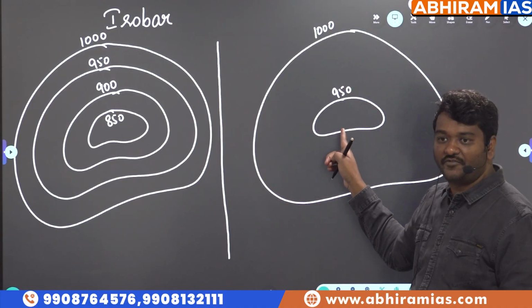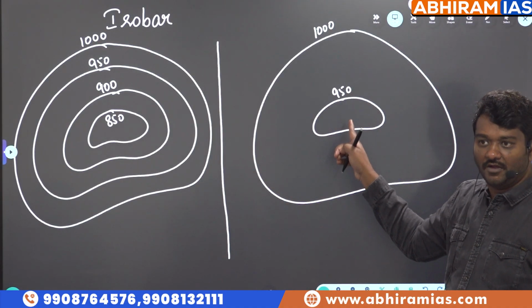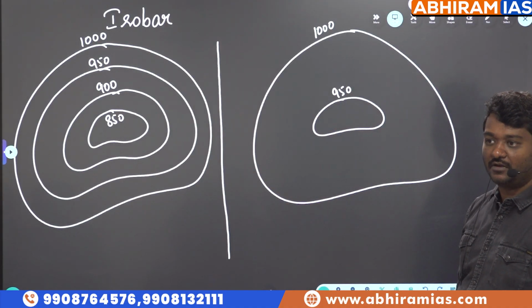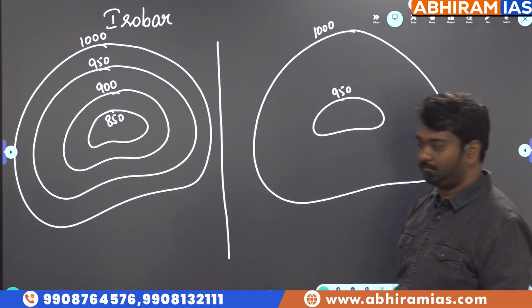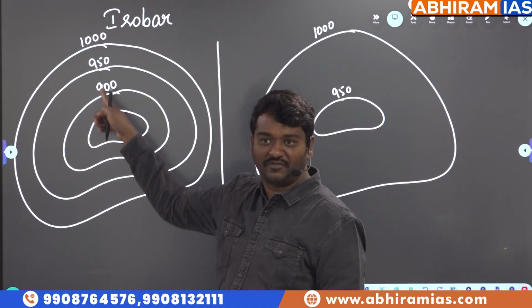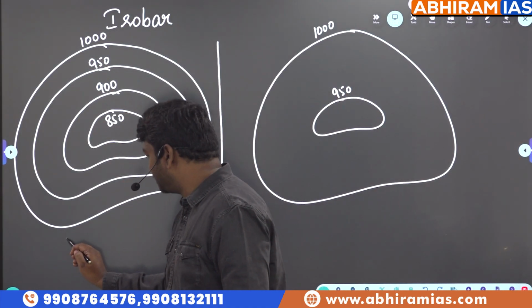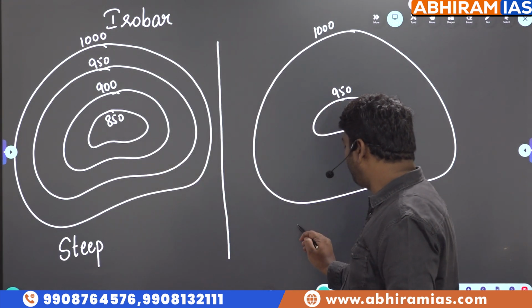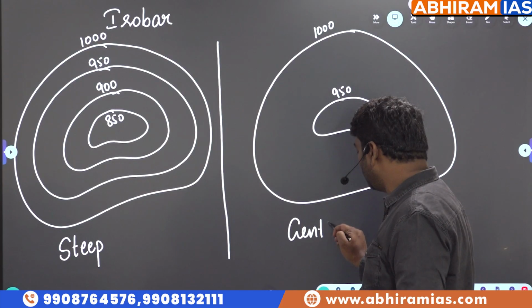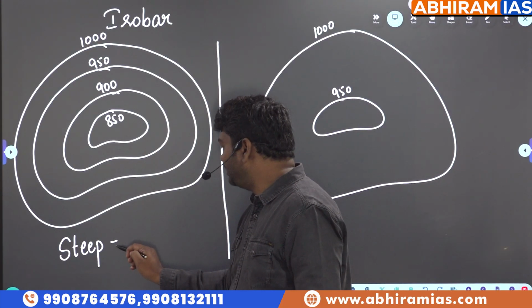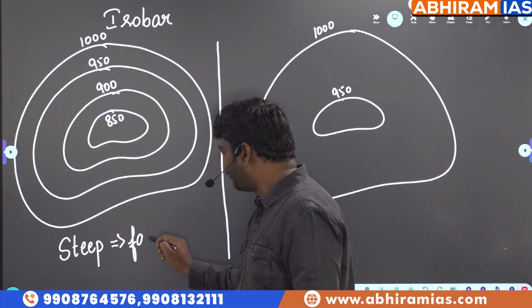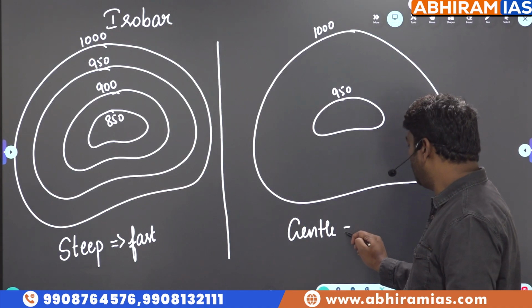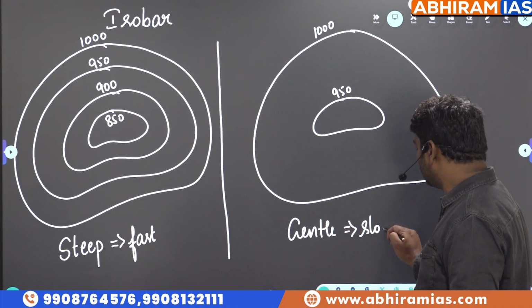How much is the pressure difference here? 50. Which one will be steep? Which one will be gentle? 150 pressure difference means what? Steep. 50 pressure difference means what? Gentle. Here wind speed will be fast, yes, high. Here it will be slow.